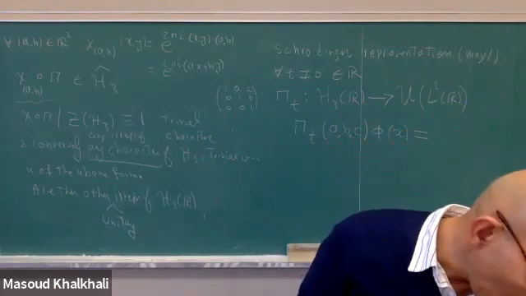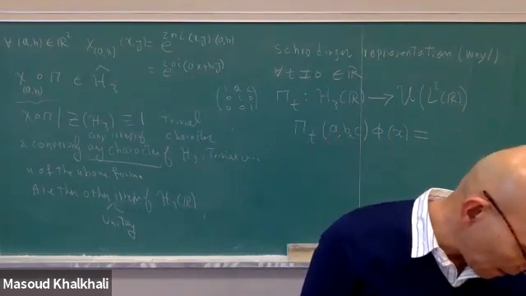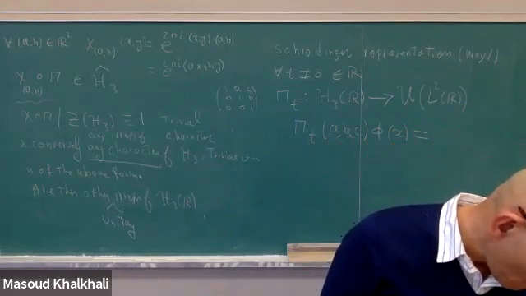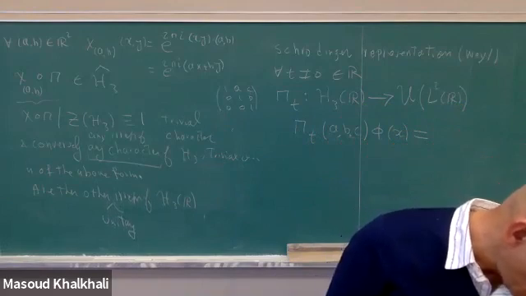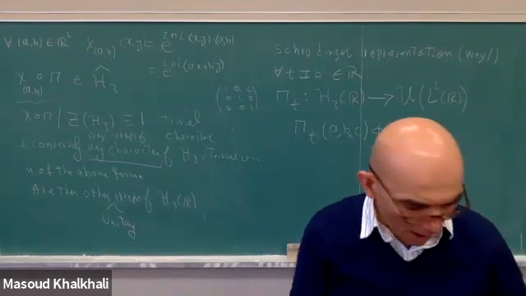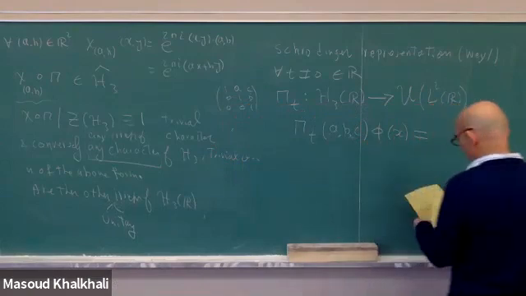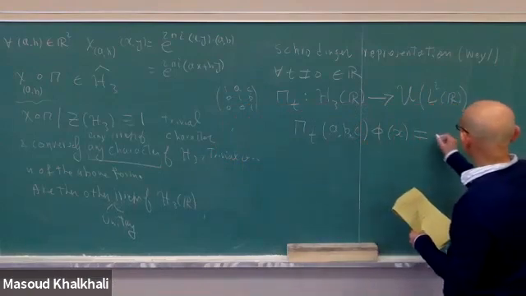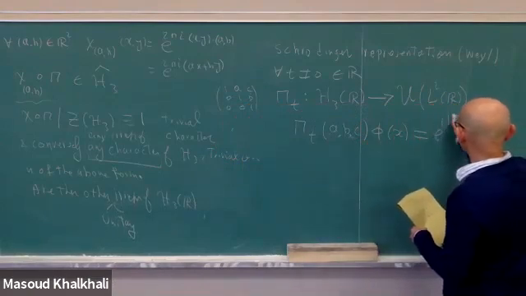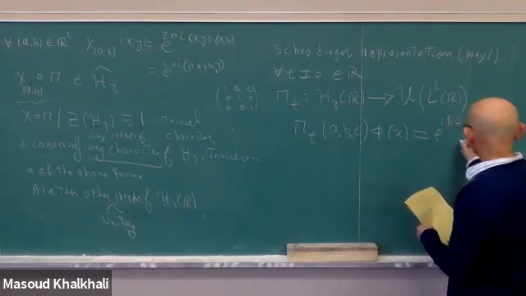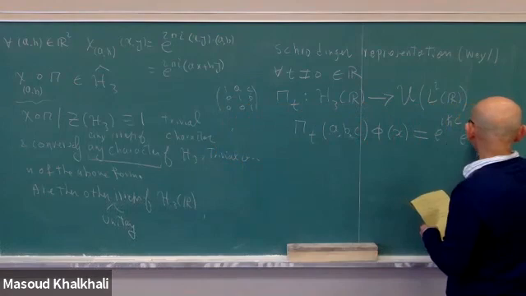Okay, so let me now write this, and then I will explain where it comes from. It's e to the i h bar c, exponential of i h bar c, exponential of i e x.